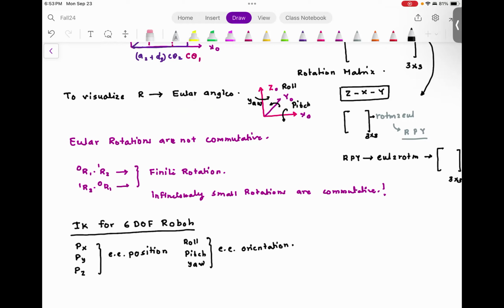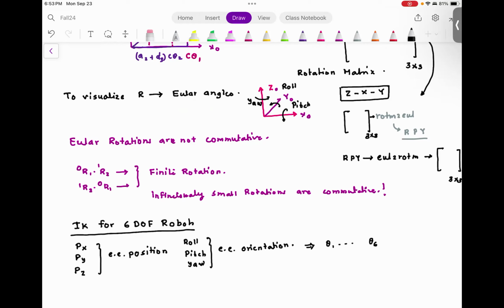And now you have 6 unknowns. You can find out theta 1 to theta 6. Example, the MyCobot that you have looked at in the lab, it's a 6 degree of freedom robot.